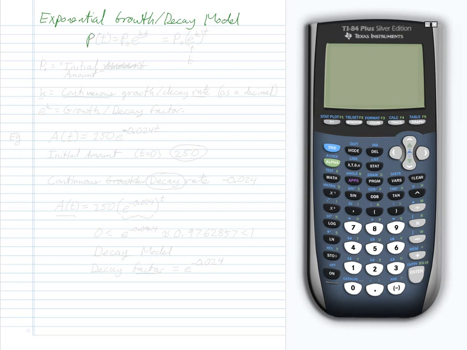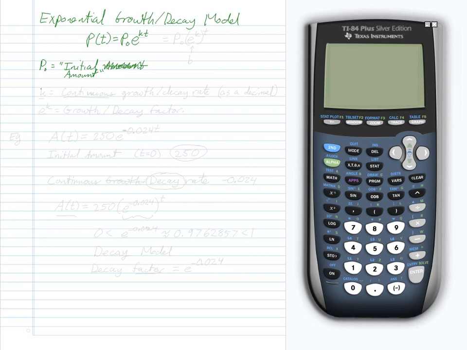We would say the amount, the population, if you will, with respect to time, is the initial amount times the base e to the product kt, where P sub 0 is, as before, the initial amount, initial quantity. e to the kt acts as our base.